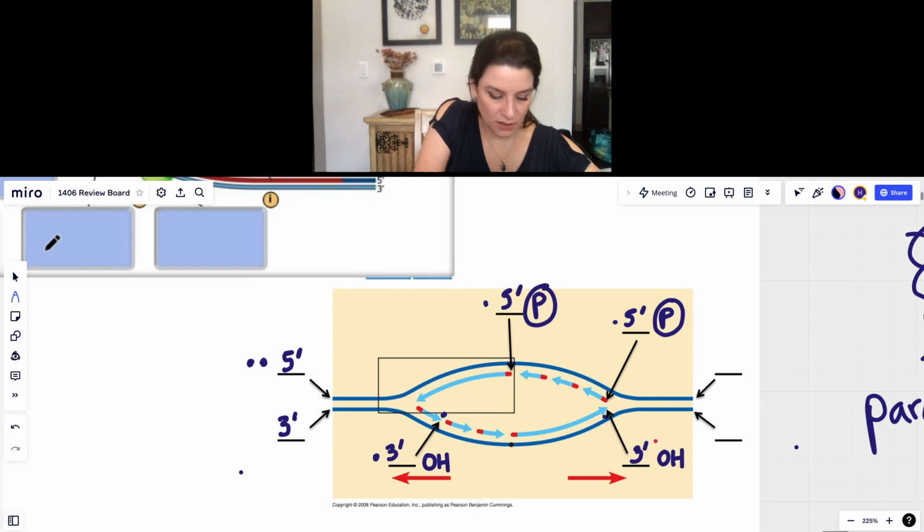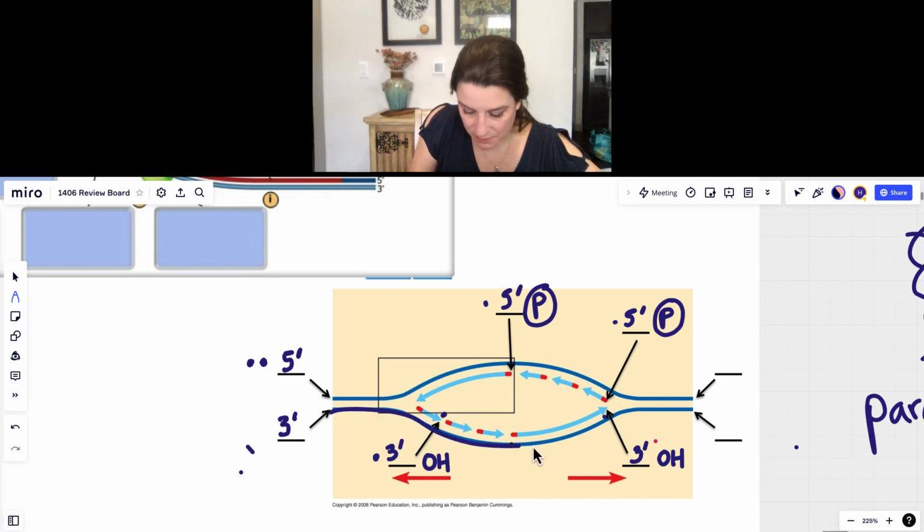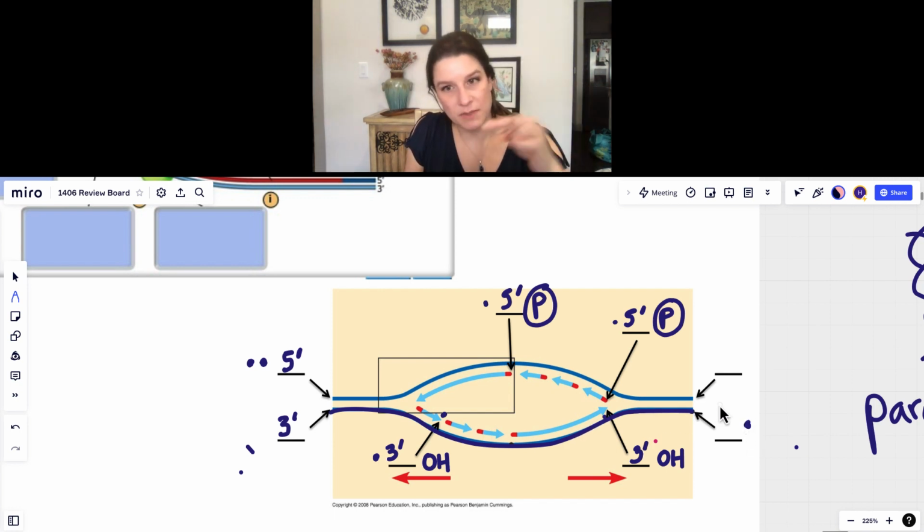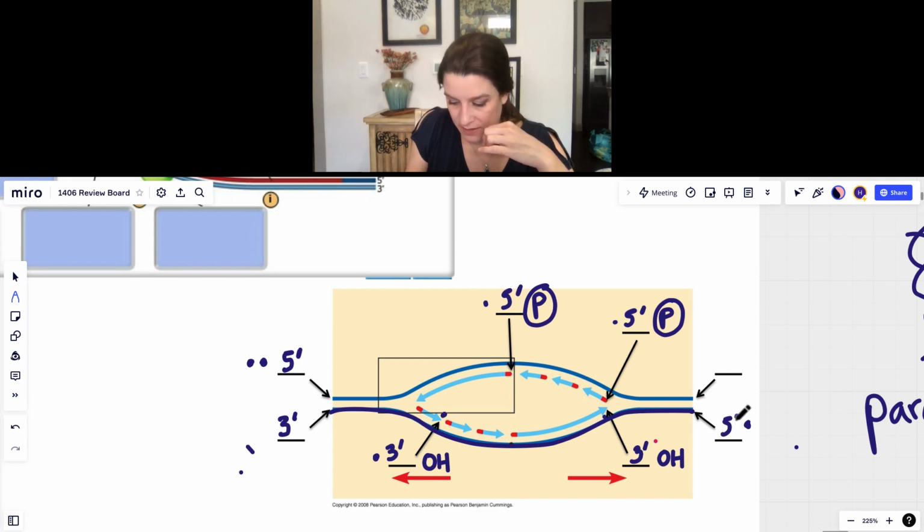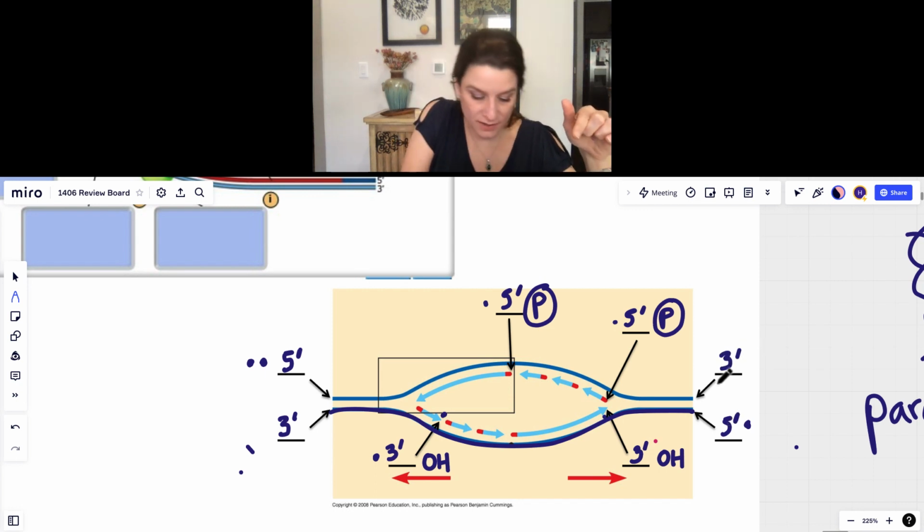So if we trace it all the way back, and we go back to the other side, over here, if the 3' is on this side, what must be on the other side then? The 5'. And then opposite that must be the 3'. Exactly. And does that match with what we have on the left side?